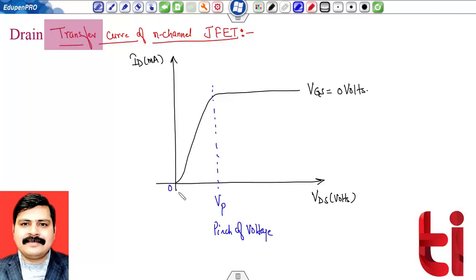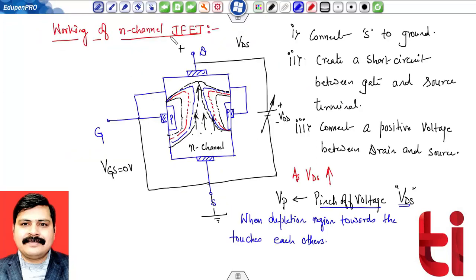And you can see from 0 to VP, I'm increasing the effective voltage across drain and source. Let me show you here.